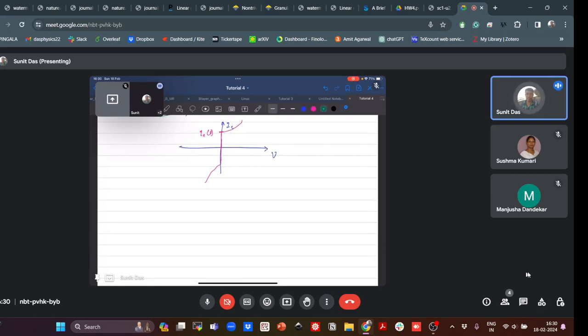Now, if we apply a magnetic field, then the critical current is less. This is, let's say, ICB.